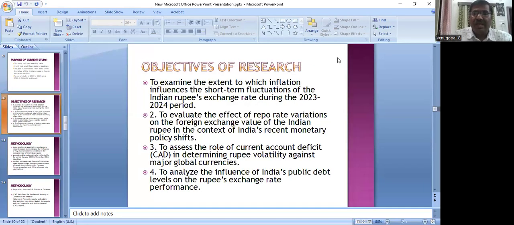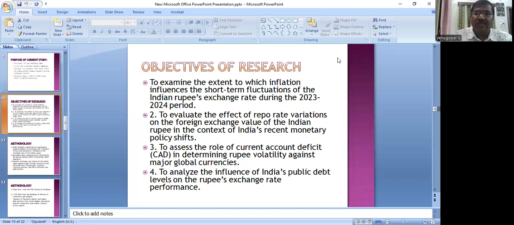Objectives are: first, to examine the extent to which inflation influences the short-term fluctuations of the Indian rupee's exchange rate during the period 2022-24. Second, to evaluate the effect of repo rate variations on the foreign exchange value of the Indian rupee in the context of India's recent monetary policy shifts.